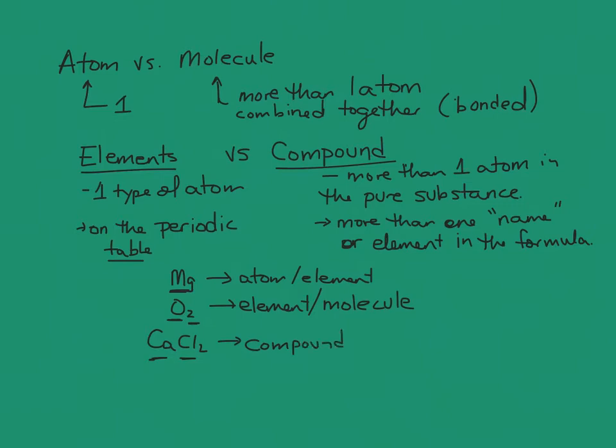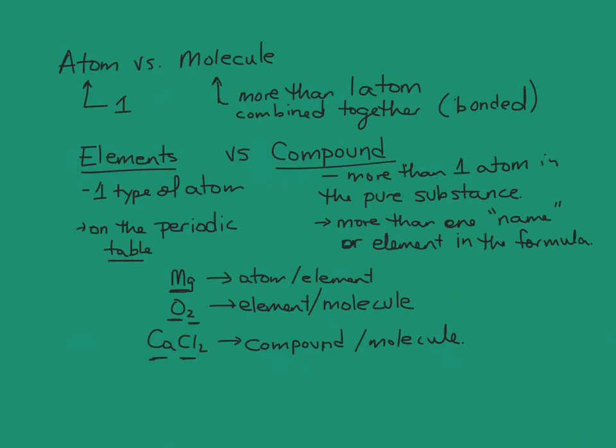And all compounds are made up of more than one atom, so we know that it's also a molecule. Okay, so just as a review, you should understand the difference between atom and molecule, and between element and compound. So when we start talking about things, always have that in the back of your mind and plan for that when we look forward.